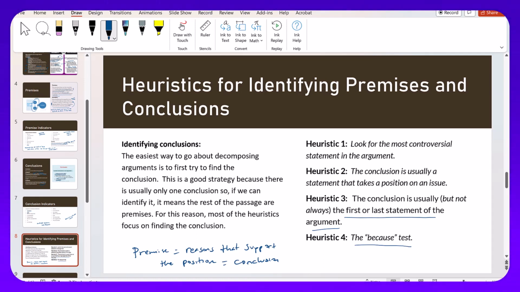Or lots of Facebook posts say that Amazonian jungle fruit cures cancer because it's a good idea to eat lots of it. So we added because in both of those, where we took the 2 where we didn't know which was the conclusion.